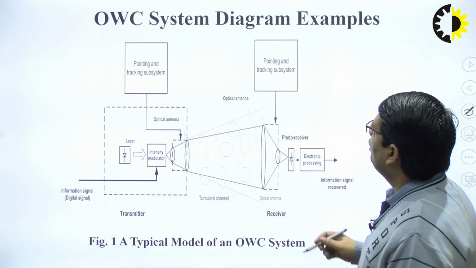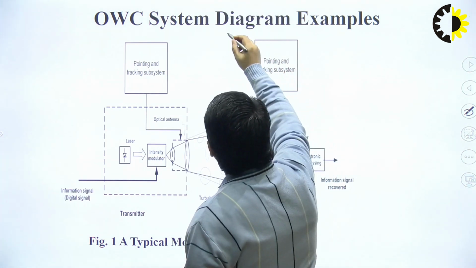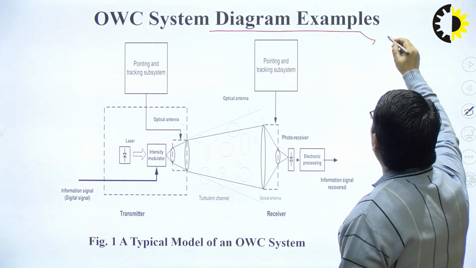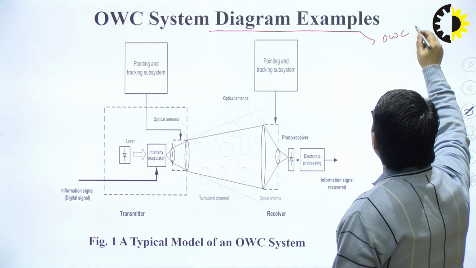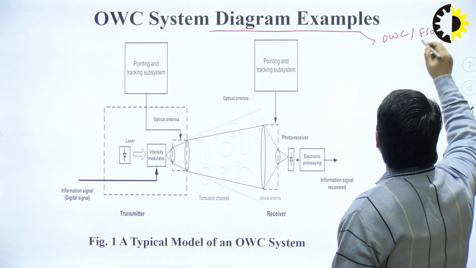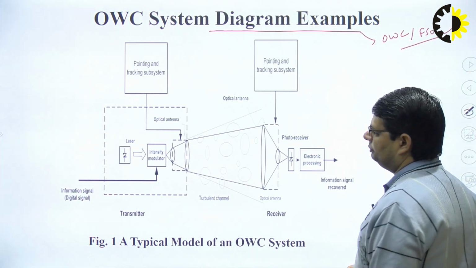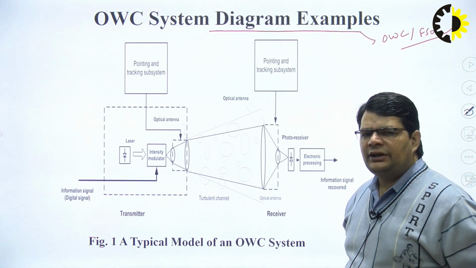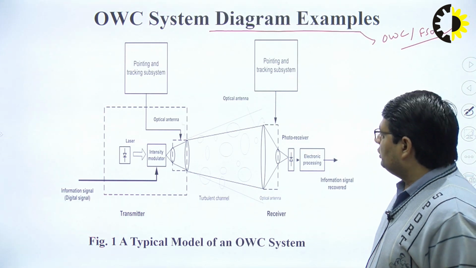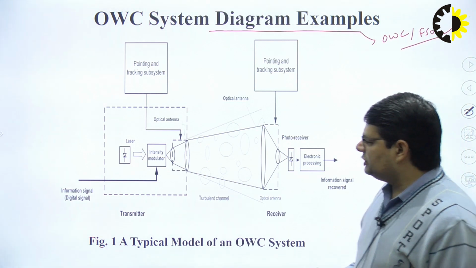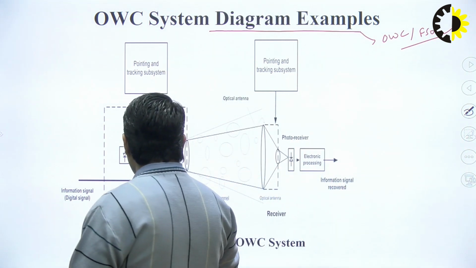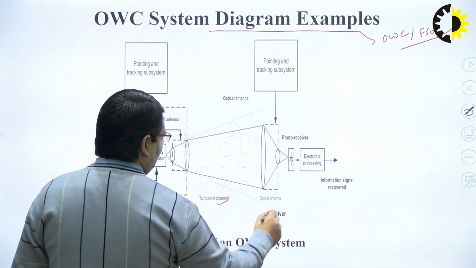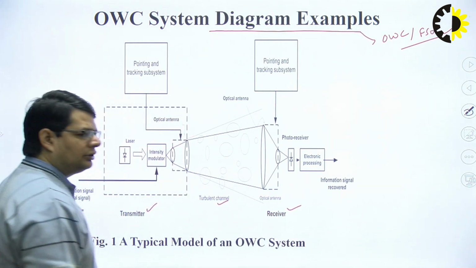Next is, what are the main components or block diagram for the optical wireless communication system or the free space communication system? As we have discussed in the previous slide, the FSO based communication system has a transmitter part like any other communication system, a channel part and a receiver part.